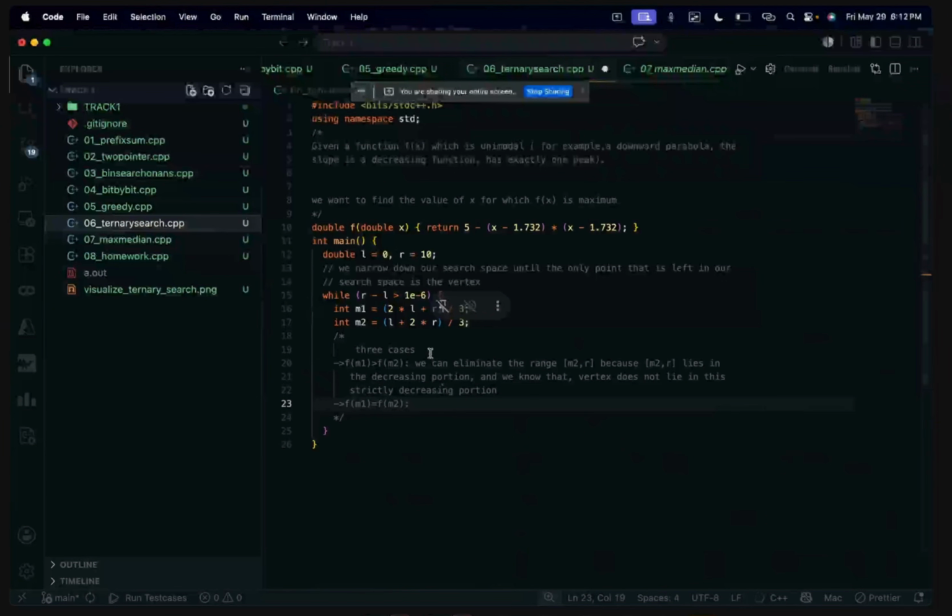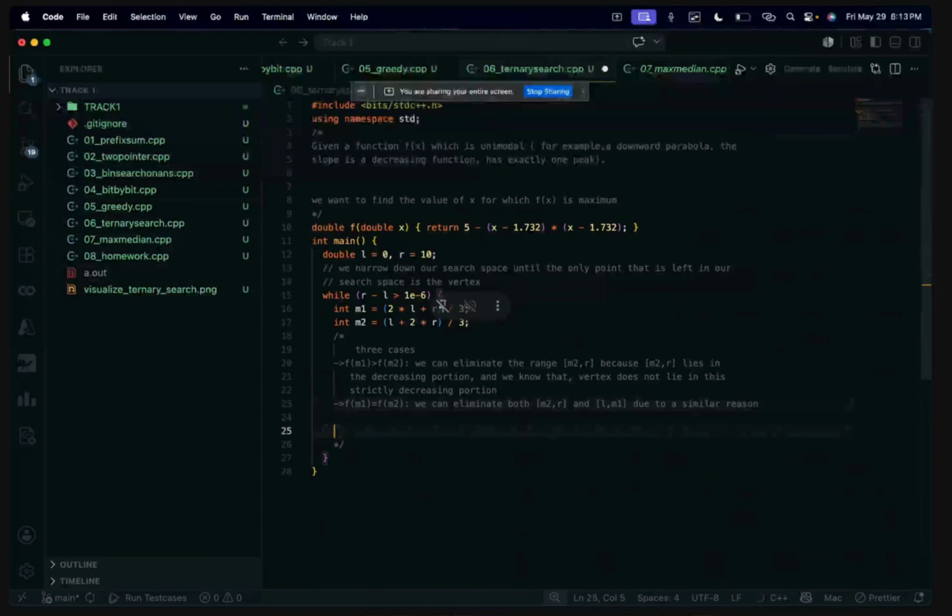So here, if f of m1 equals f of m2, we can eliminate both m2 to r and l to m1 due to symmetry. And conversely, if f of m1 is less than f of m2, we can eliminate the range l to m1.